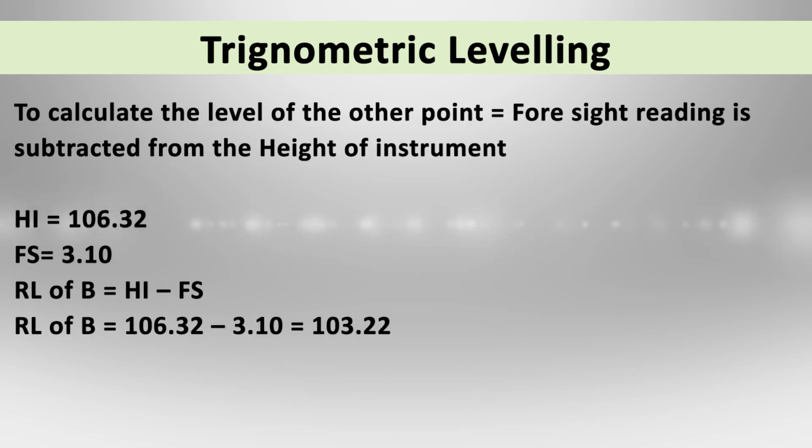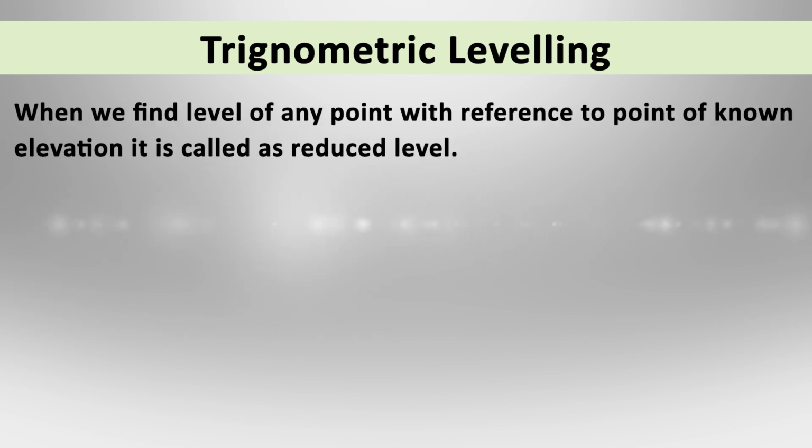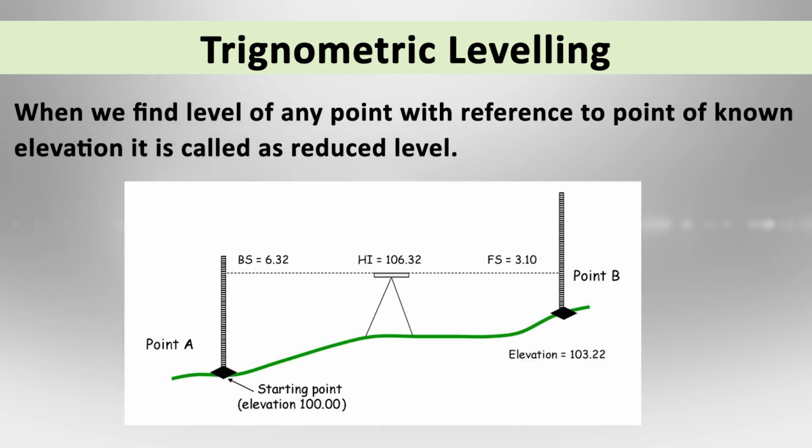To calculate the level of the other point, the foresight reading is subtracted from the height of instrument. When we find the level of any point with reference to a point of known elevation, it is called reduced level. This is a simple operation of leveling, but the life of civil engineers or surveyors is not that easy.